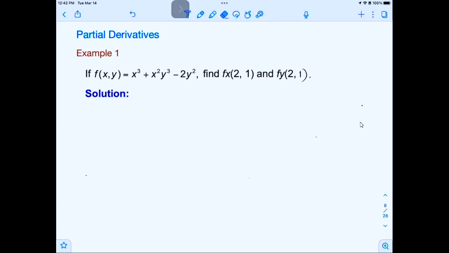What happens when you have a constant times x squared? For example, if you have x squared times y, so the x squared times y cube here, this y cube is kind of like the 5, okay, because it's like a constant. We're taking derivative with respect to x, so the y cube here we think about it as a constant. So what's the derivative of x squared times y cube?